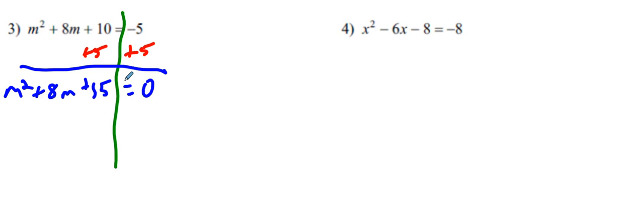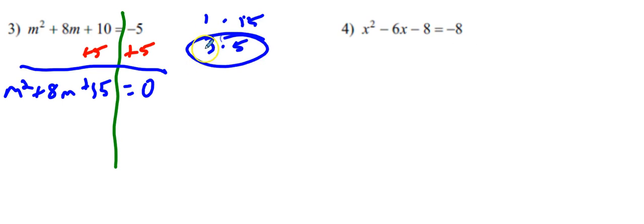And this is exactly like number 1. Now we're looking for that number that multiplies to 15 and adds to 8. So there's 1 times 15, 3 times 5, and that's our combo right there.